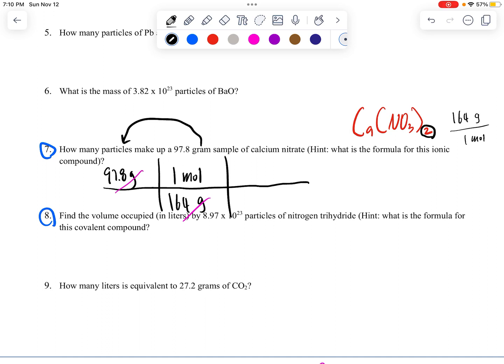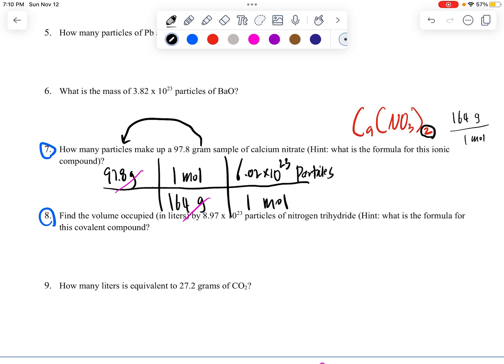Now, once I have everything in terms of moles, how do we go from moles to number of particles? Using Avogadro's number. That tells us that if I had 1 mole of anything, in this case 1 mole of calcium nitrate, that will give me 6.02 times 10 to the 23rd particles.